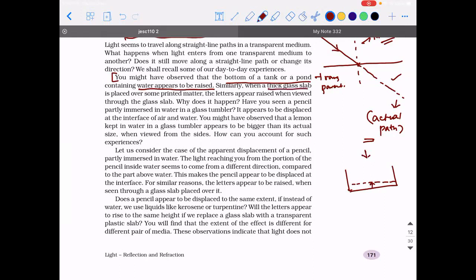Similarly, when you have a thick glass slab which is placed over a printed matter, the letters appear raised. Have you ever done this, guys? You take a plastic scale and you try to look at the tube light. Have you ever done this? Yes, sir. So what do you observe? White light will be spreading into different colors, right?